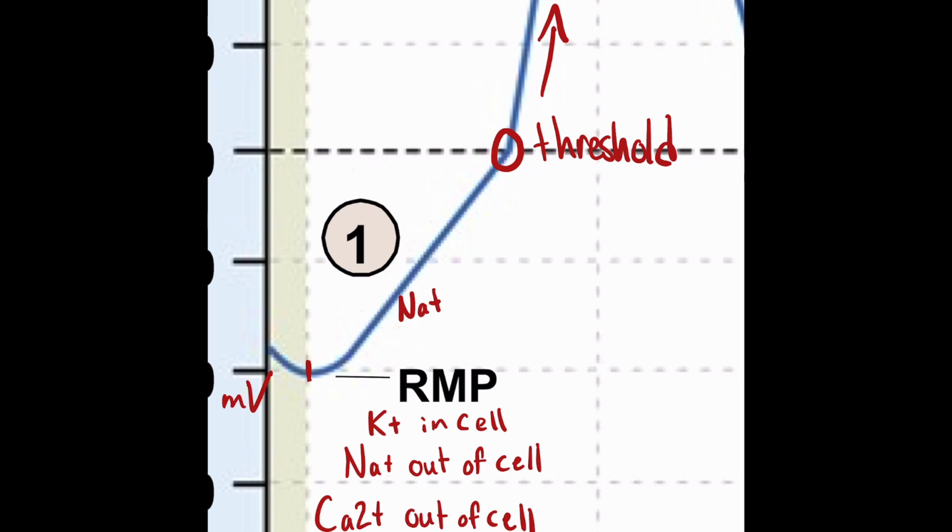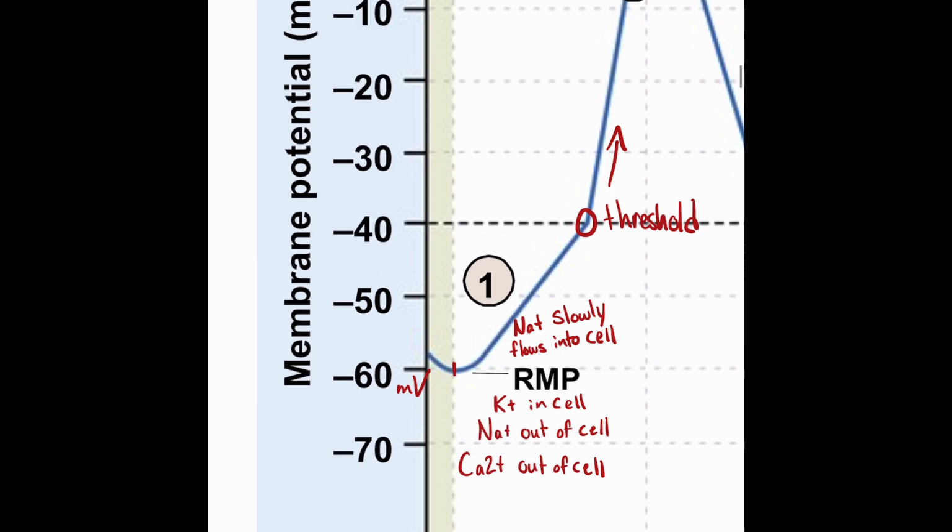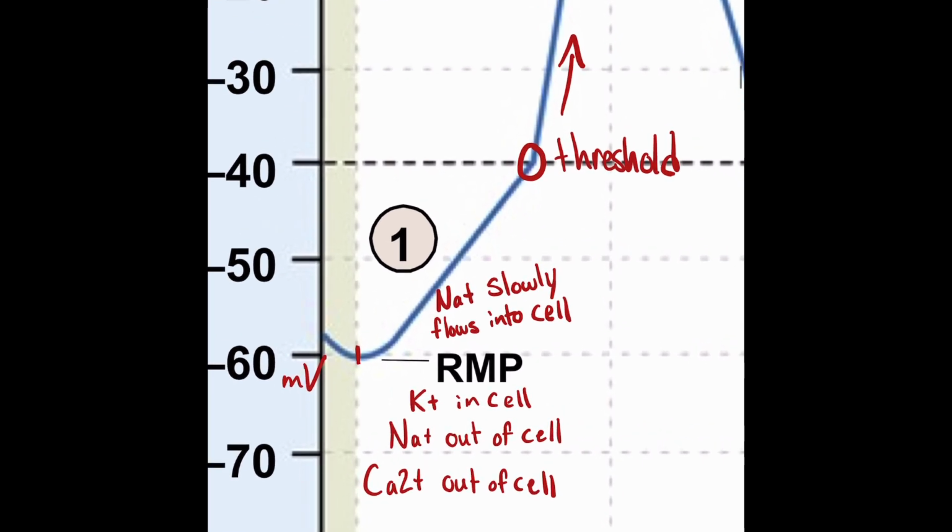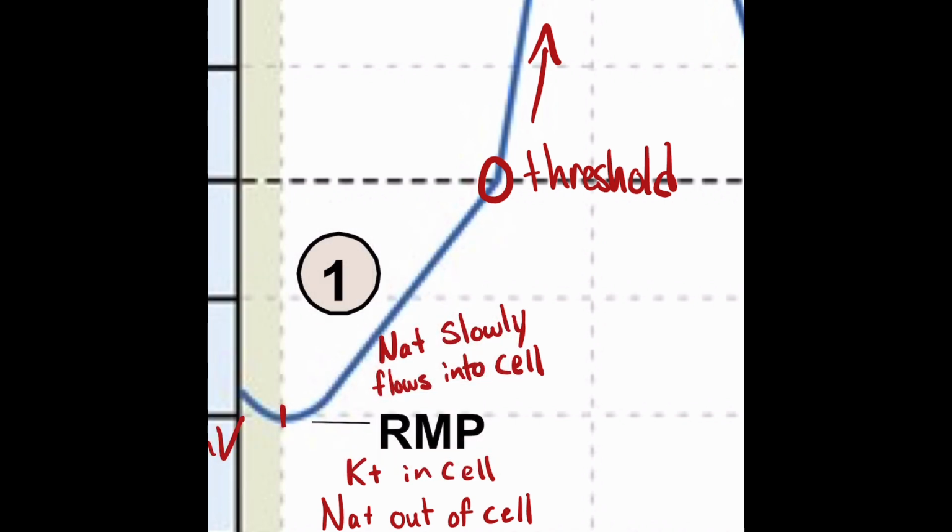Or not rush, because sodium at this voltage gated ion channel is slow. So sodium slowly flows into the cell. And sodium is positively charged, so we will get closer to a positive charge. So we're getting closer to 0. So as we slowly get closer to 0, we will hit threshold.